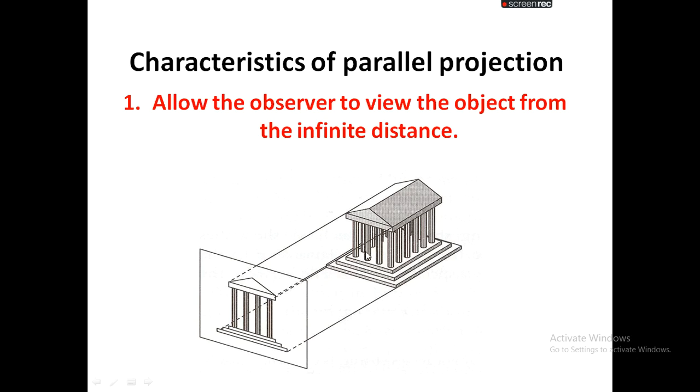As you can see, one building is there, and I kept the projection plane perpendicular to this building. With the help of parallel projection lines, I am projecting the three-dimensional building, which exists in the world, to the two-dimensional projection plane. After projecting this building from the space to the projection plane, you see how it looks.